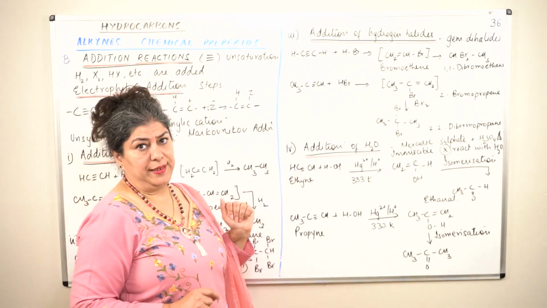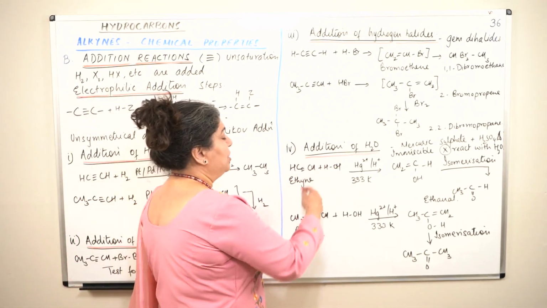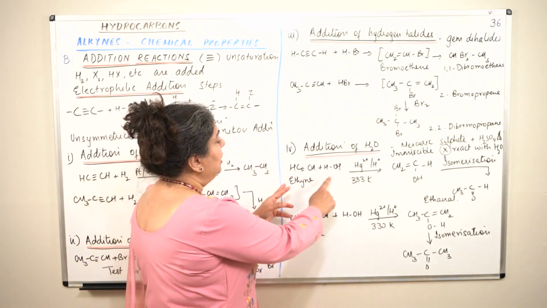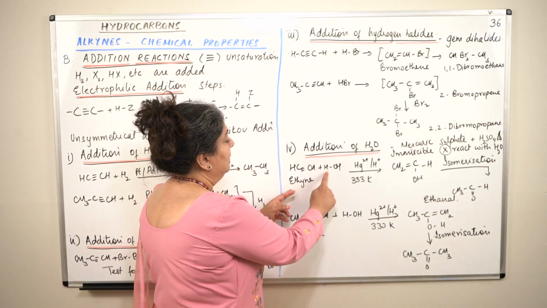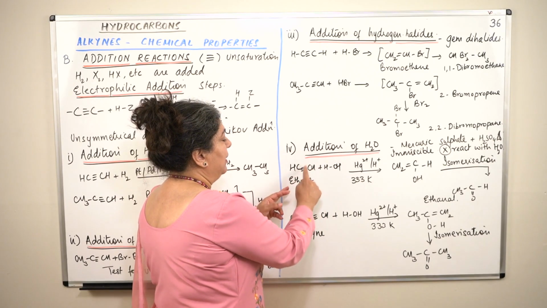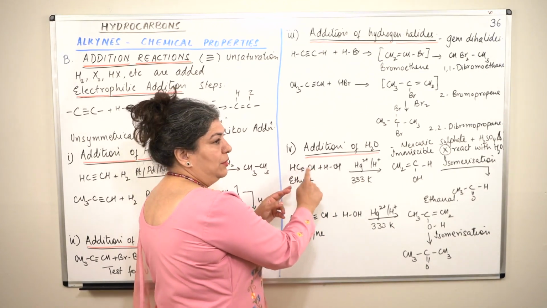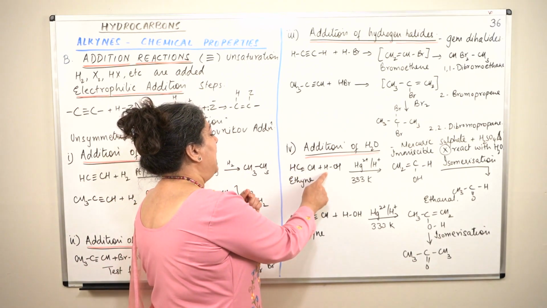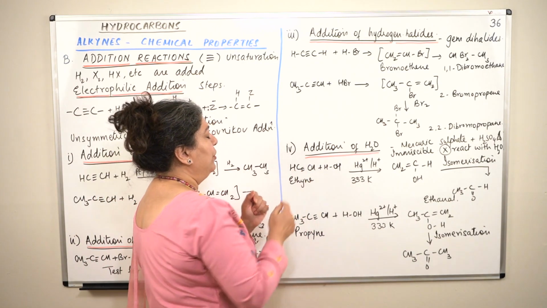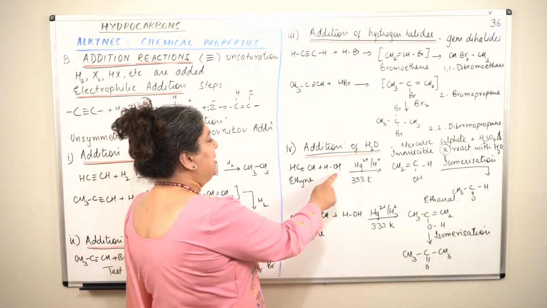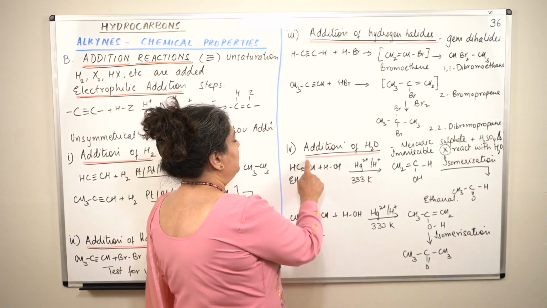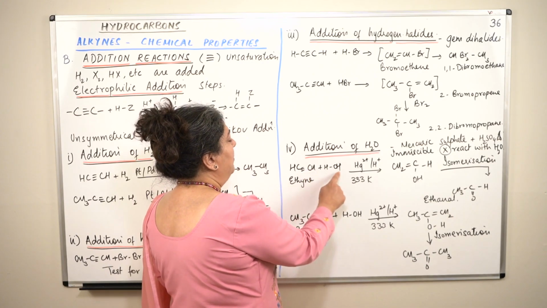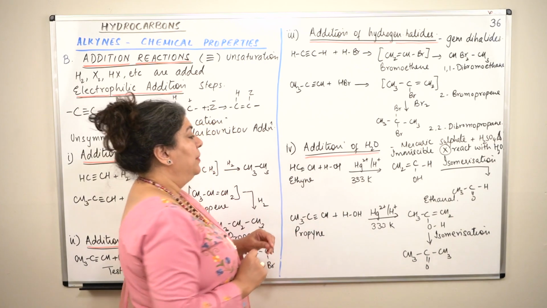Here you have ethyne, and ethyne is attacked by HOH, that is water molecule. When water molecule reacts with ethyne, the H positive gets attracted to the pi electrons, and the pi bond breaks and adds on the H positive to one of the carbons. And this becomes positively charged, and therefore the OH negative in the second step will come and get attached to the other carbon.